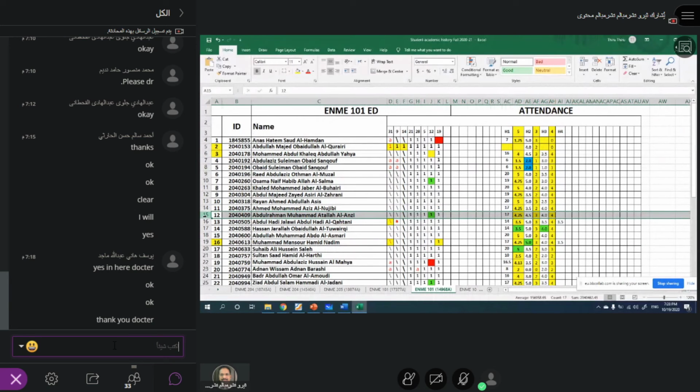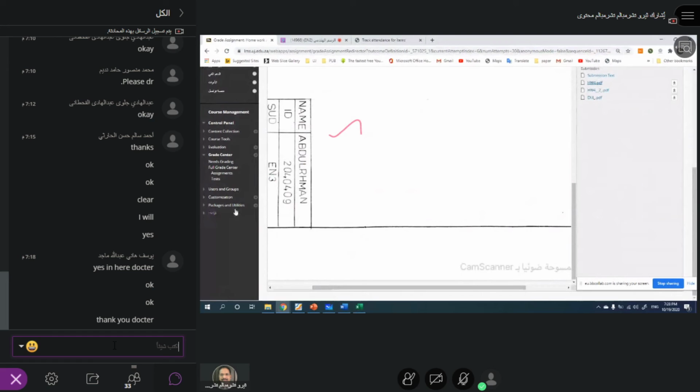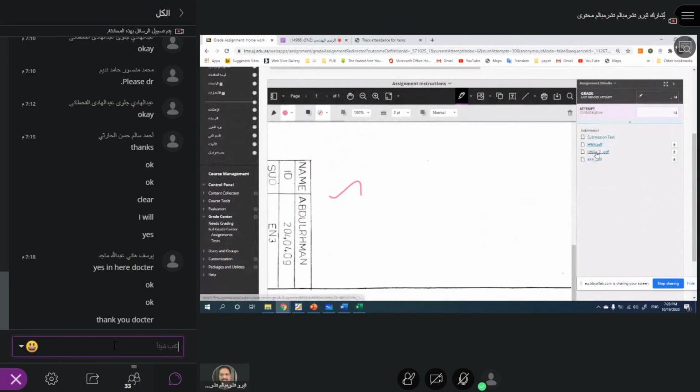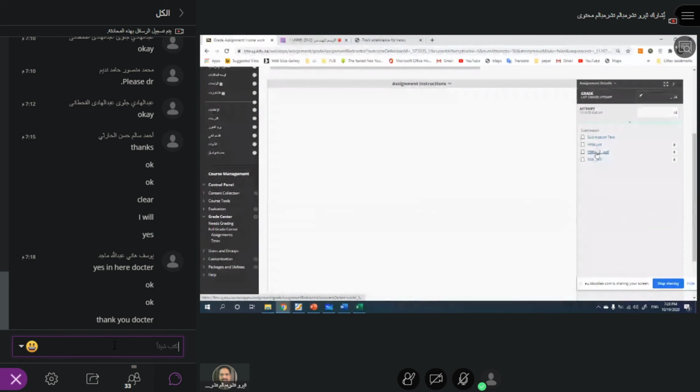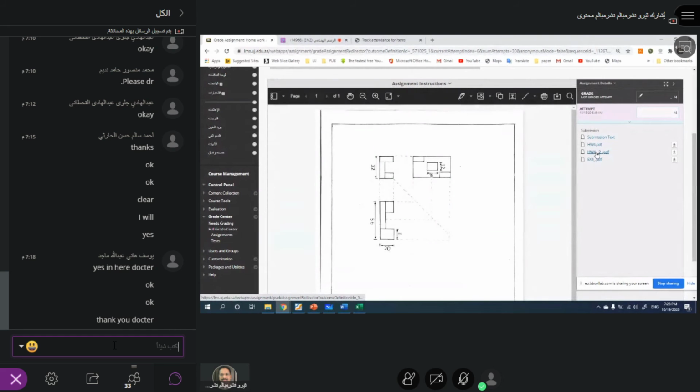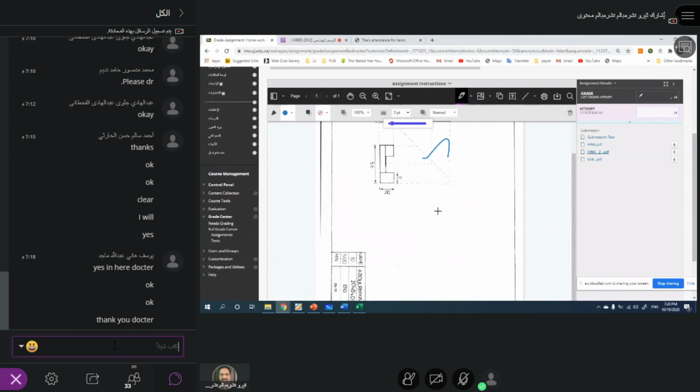I think he's done a good job, and I'm sure he will improve. I just want to show him he's okay. Only thing is this line should be straight lines.